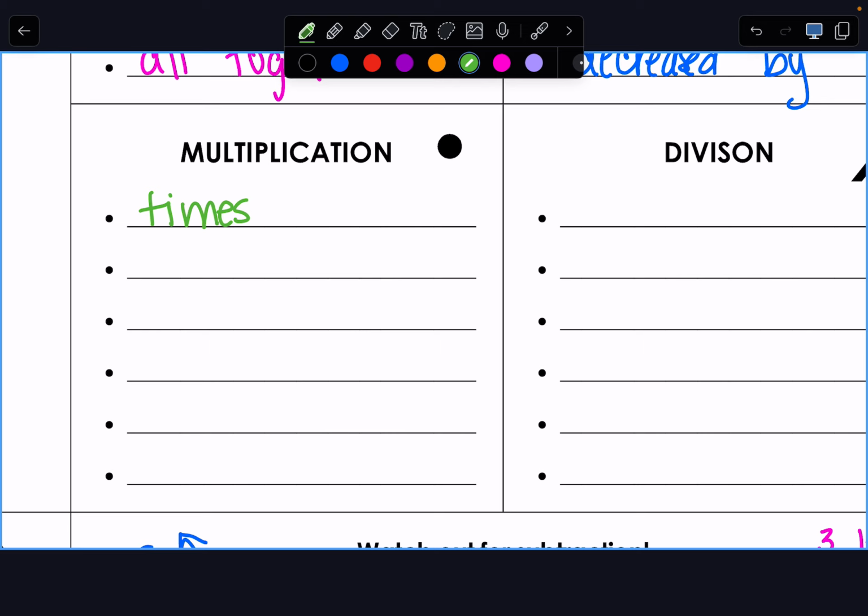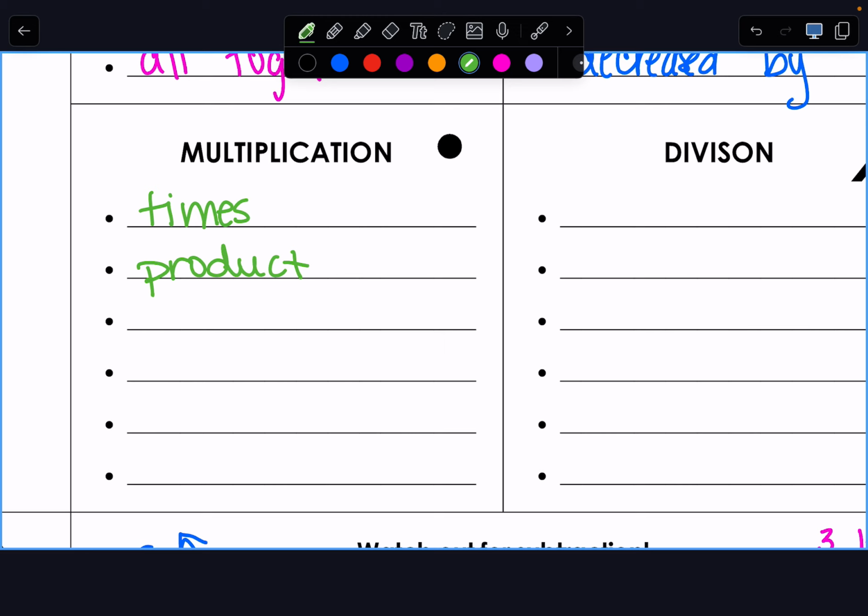Okay, what else? Okay, so multiply, I feel like I'm not going to waste the space on that one. Okay, product is a great word. Product is a great word.